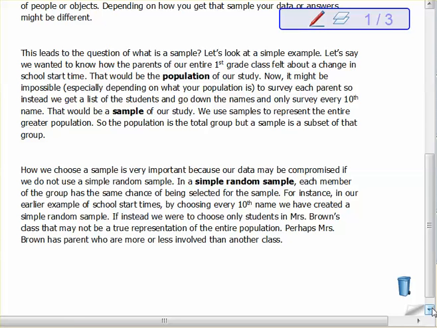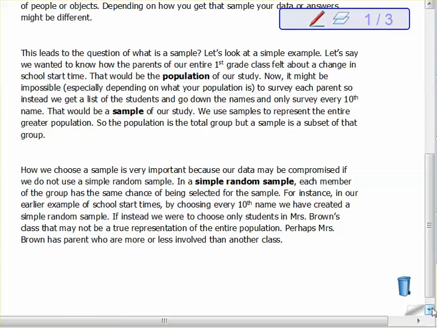Brown's class, well, that may not be a true representation of the population, because let's say that the parents in Mrs. Brown's class are really involved parents and would be absolutely willing to take our survey, whereas some other parents may not. Or what if they were altering school start time and Mrs. Brown's class was full of parents that had to be at work at a certain time and it would really affect them?